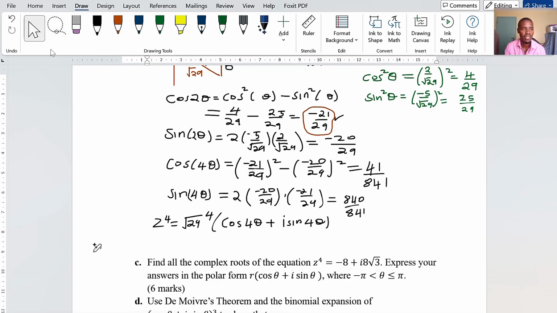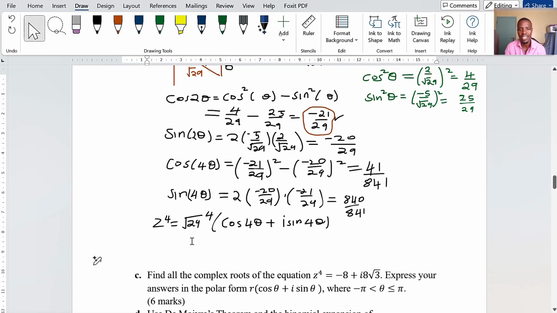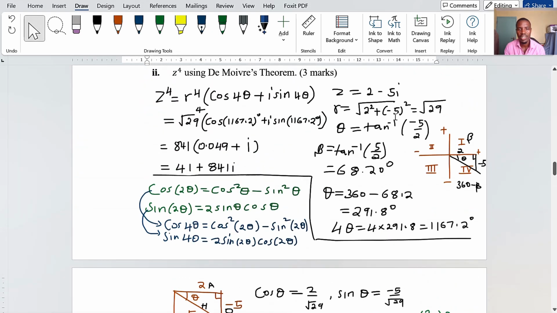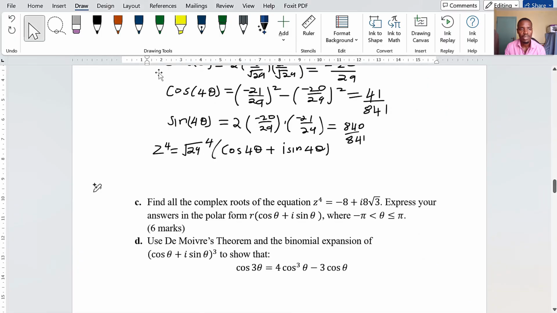The difference is very small because of rounding off the angles, but I expressed cos 4 theta and sine 4 theta using trigonometric identities, so I will just substitute in this. We already know that root 29 to the power 4 is 841.